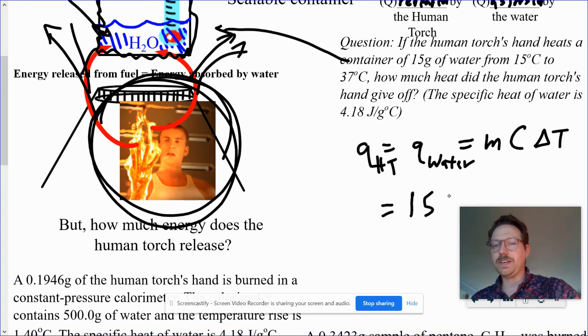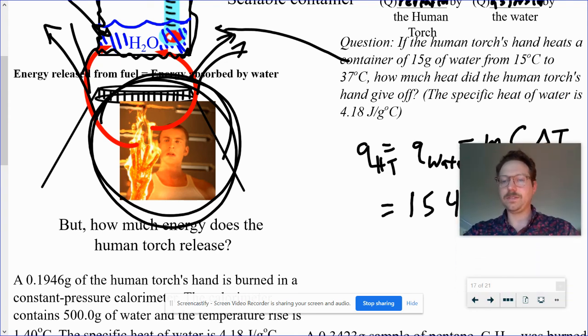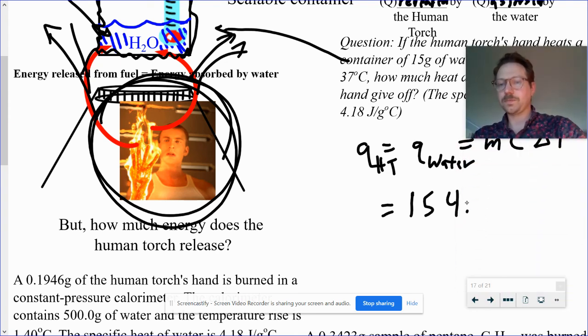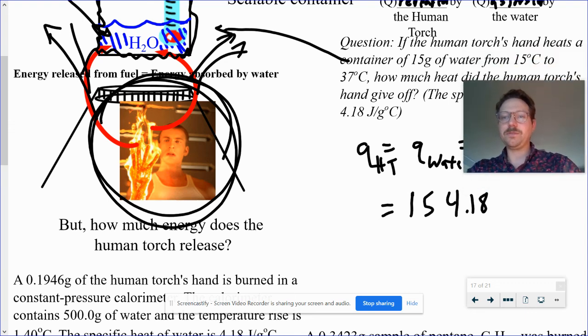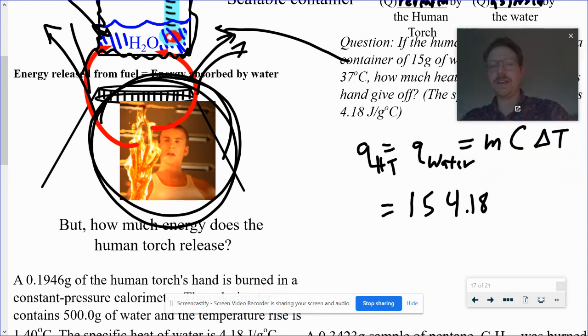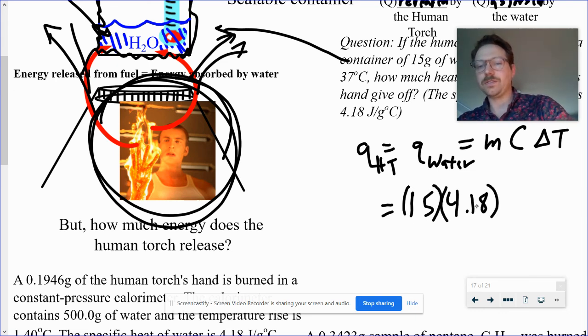We have a specific heat of water, which is always 4.18. And we have a delta T of 15 to 37, so we have a total of 22 degrees in temperature change.